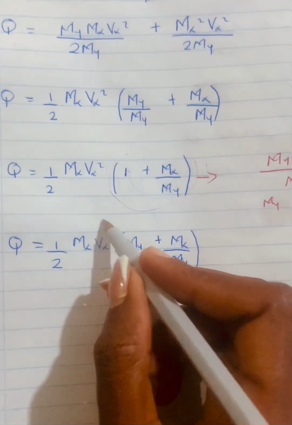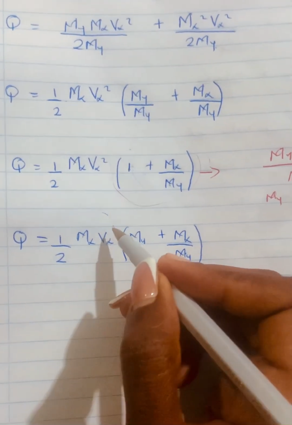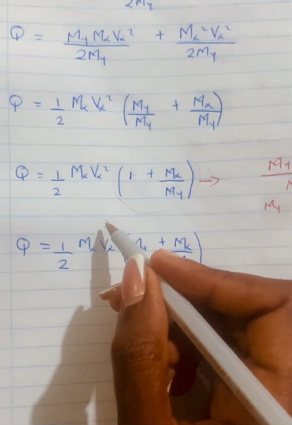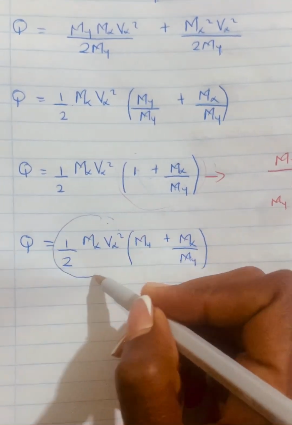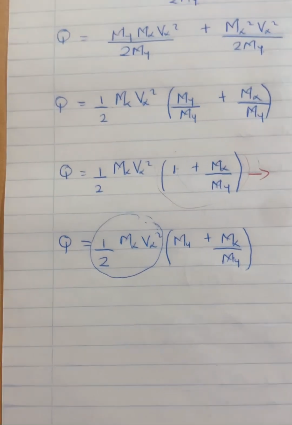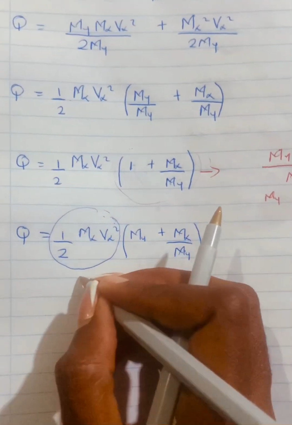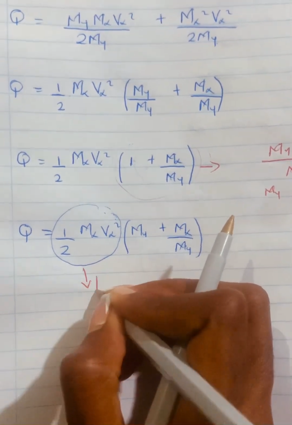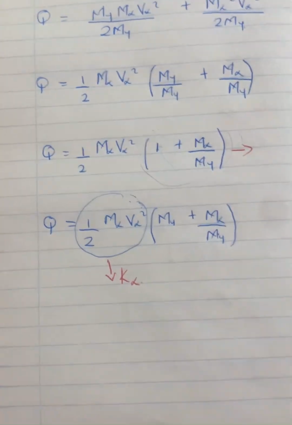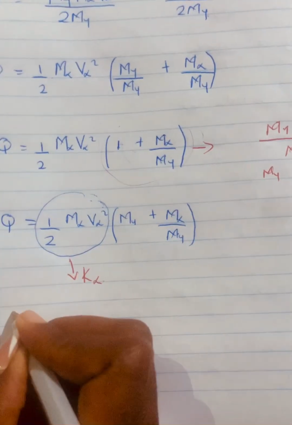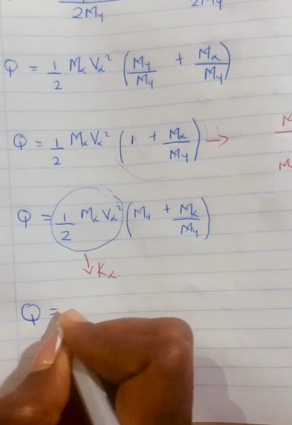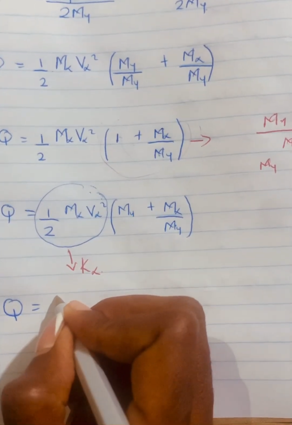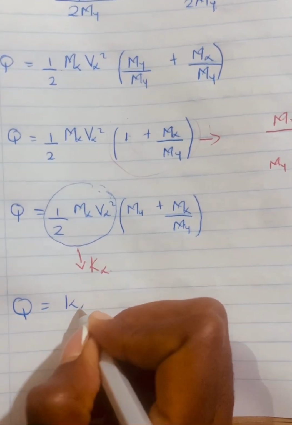So half m_alpha v_alpha squared, this section, is equal to the kinetic energy. Is it? So Q is going to be K_alpha, open brackets, m_Y plus m_alpha over m_Y.